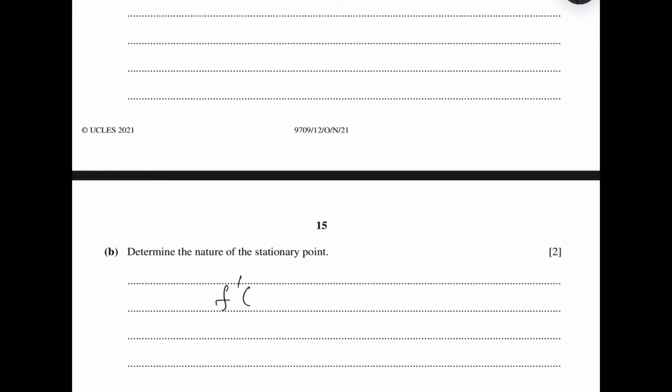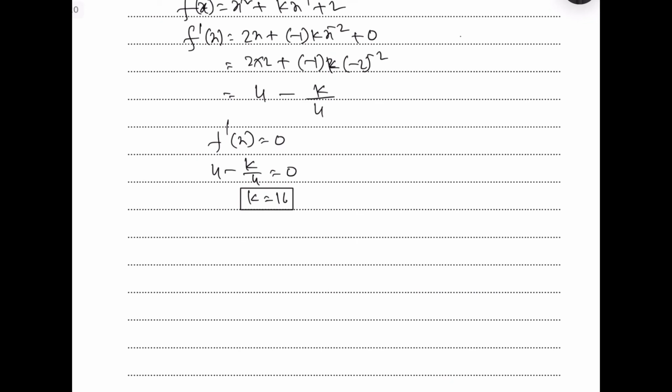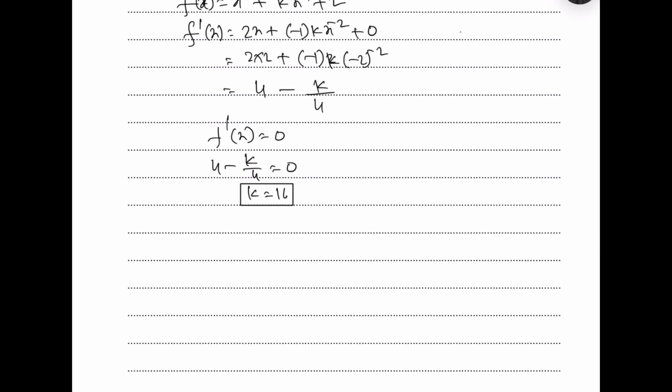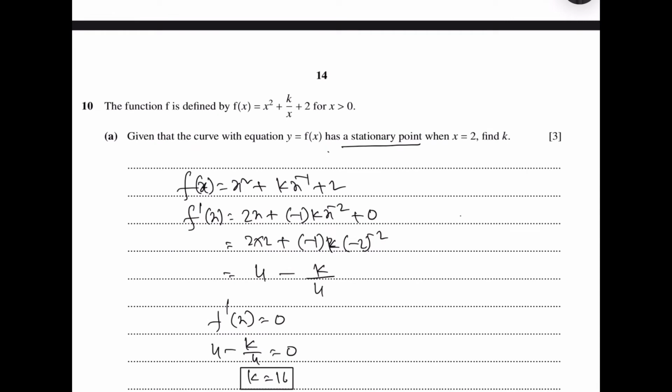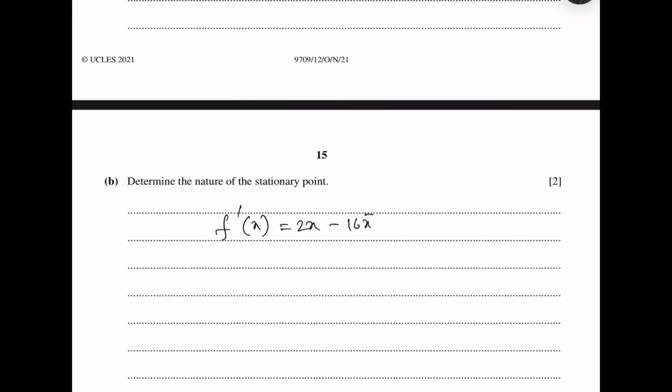f dash x equals 2x minus k by x square, that means 16 by x square, or 16 x to the power minus 2.